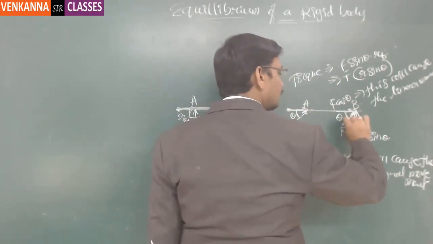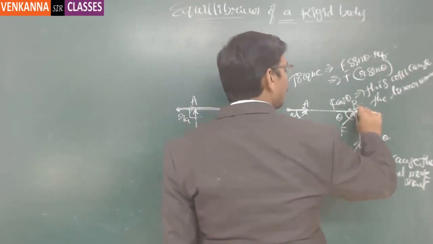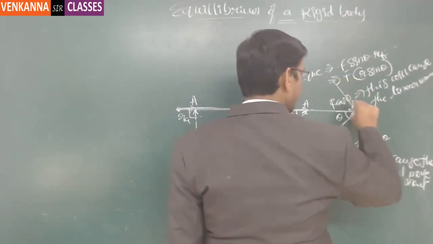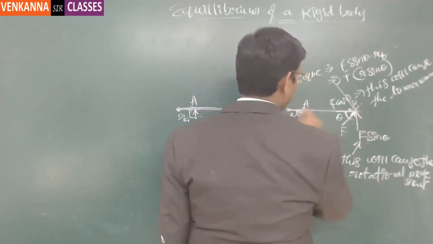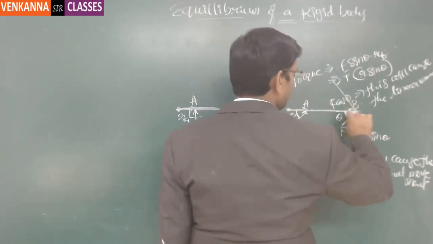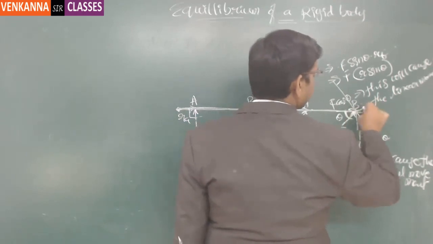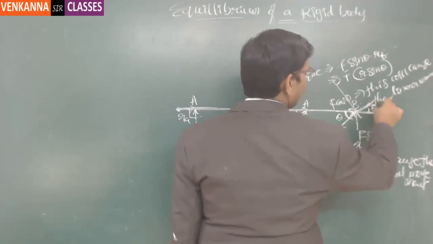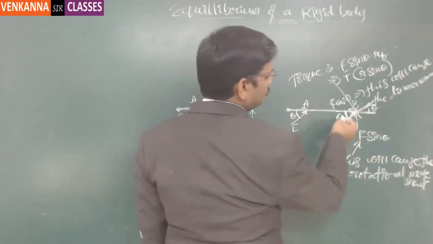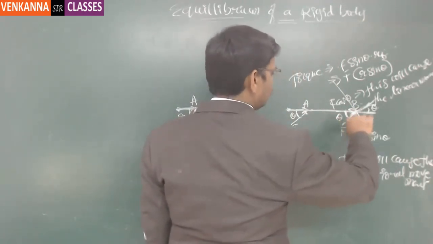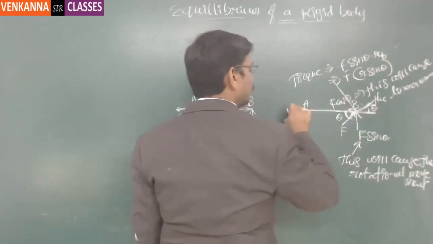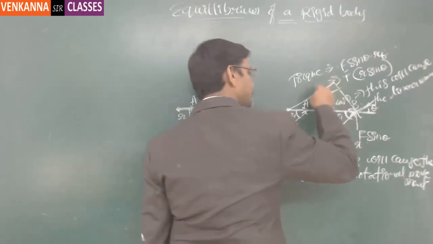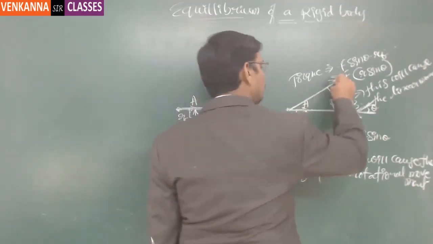R cos theta is this one, and R sin theta is perpendicular to this one. If you draw a perpendicular from here, this length is R sin theta.